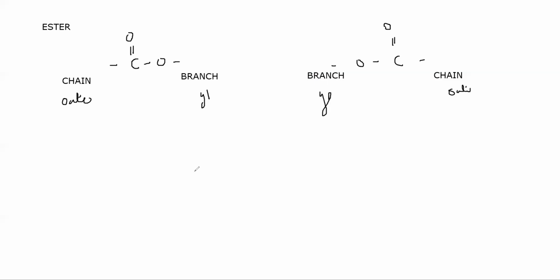So another structure, like if I say CH3, CH2, O, C double bonded with O and CH3. Which side do we have a branch here in this structure? On the right hand side or the left hand side?